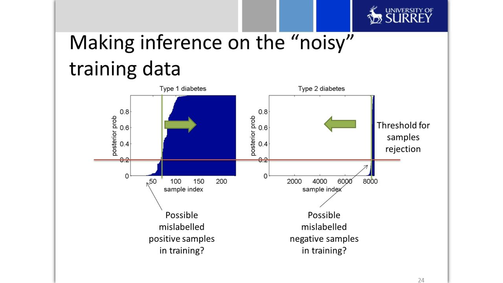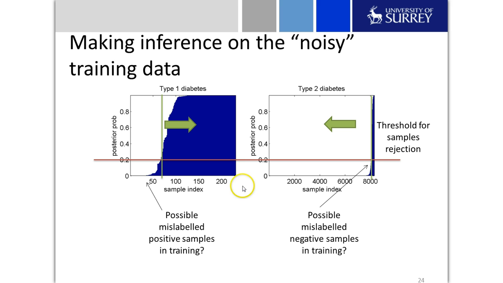By this, what I mean is that we'll take, by examination, threshold 0.2, for type 1 diabetes patients, we'll take any training samples that attain high posterior probabilities to be positive samples, and negative samples with very low posterior probabilities to be the ground truth negative samples.